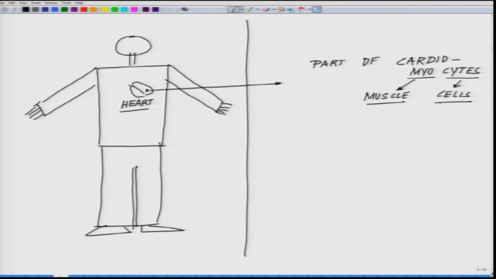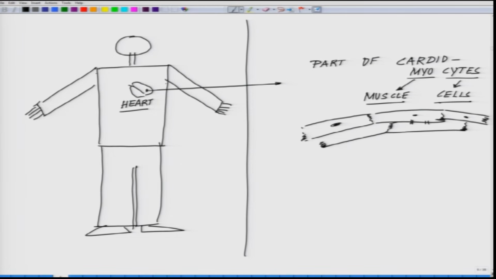Cardio means taken from the heart. Okay. So, I take part of this, and these cells kind of look like this. And there are connectors called gap junctions. I am not getting into the detail of it at this point.